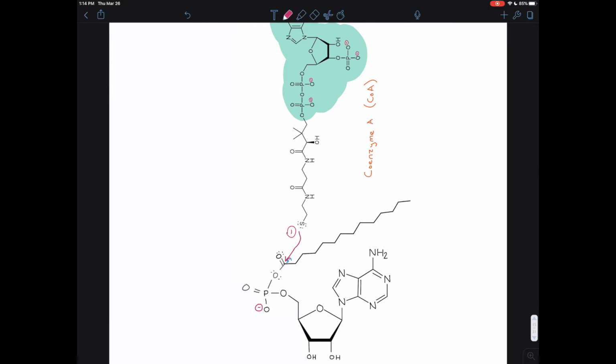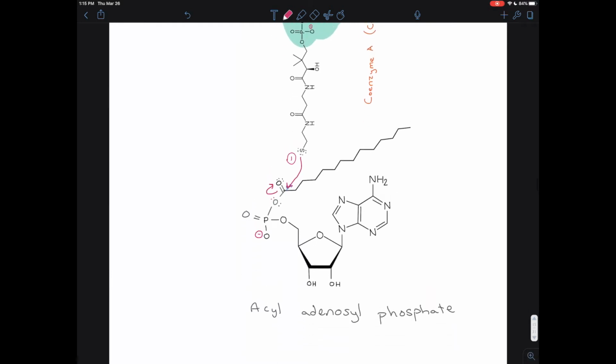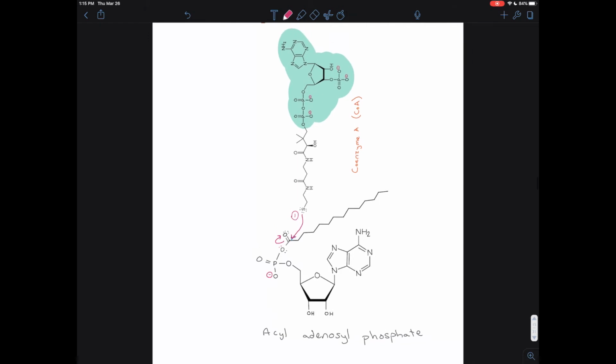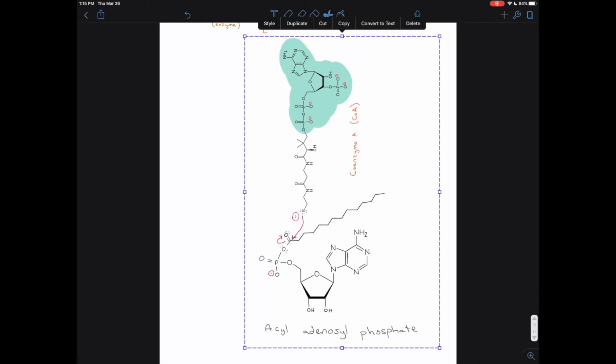So this can swoop in, attack that carbonyl carbon, and that carbon is slightly positive, right? Because it's bonded to the 2 electronegative oxygens. So it'll swoop in, attack that carbon. The weakest bond, the pi bond, will break. The electrons will go up onto the oxygen there. And what we're going to have is a tetrahedral intermediate, right? And that's what you get every time you do these nucleophilic acyl substitutions.